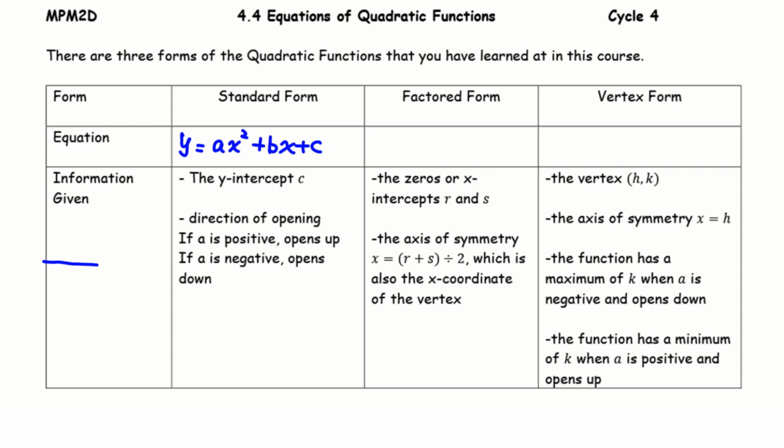So if we sketch a quadratic, if it opens down, a less than 0, then this one we call the y-intercept. And at the y-intercept, you will see that the x value is 0.